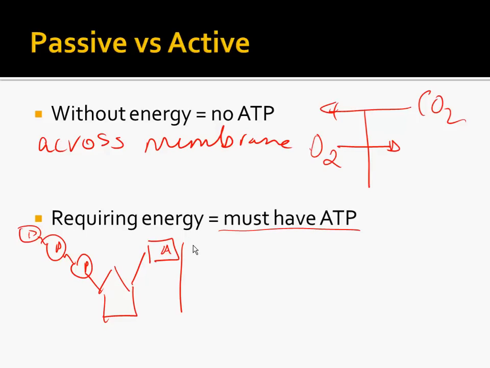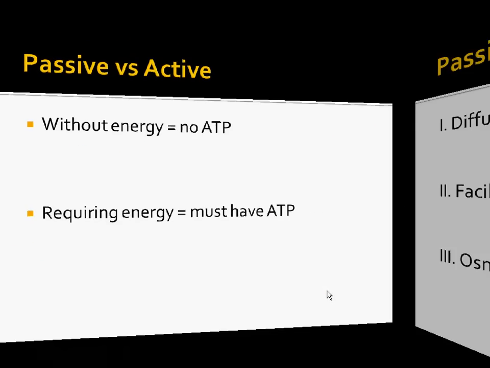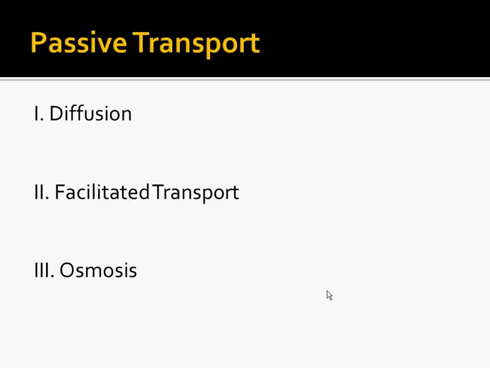So when I see a cell membrane and an ATP molecule standing beside it, I know that this is going to be active transport. That energy is required to move a substance across the cell membrane, and again, this is active transport.